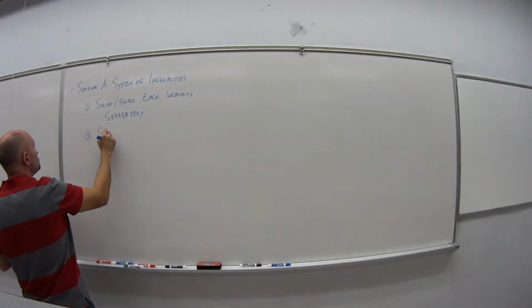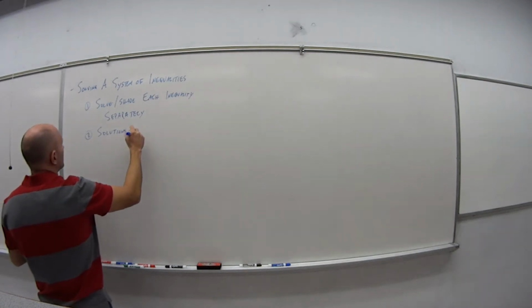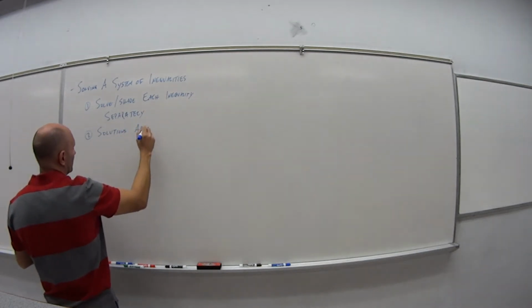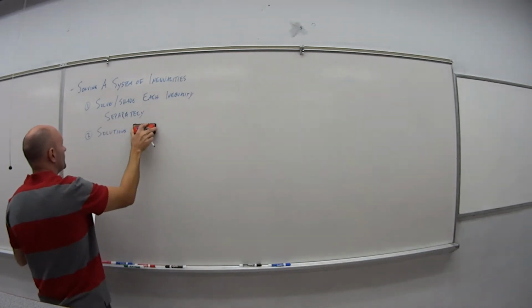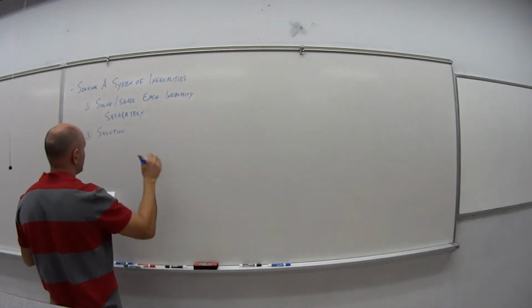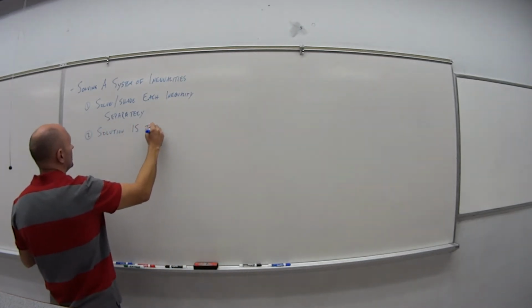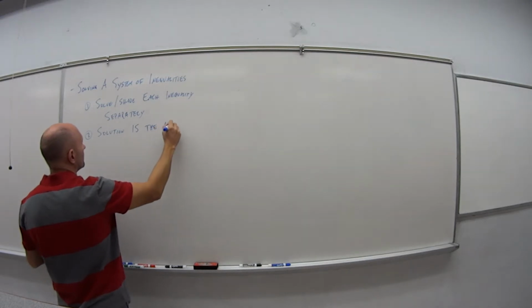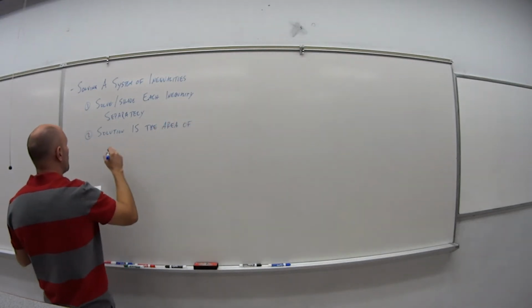And the solutions are the areas, or maybe is, so let's say the solution is the area of overlap.